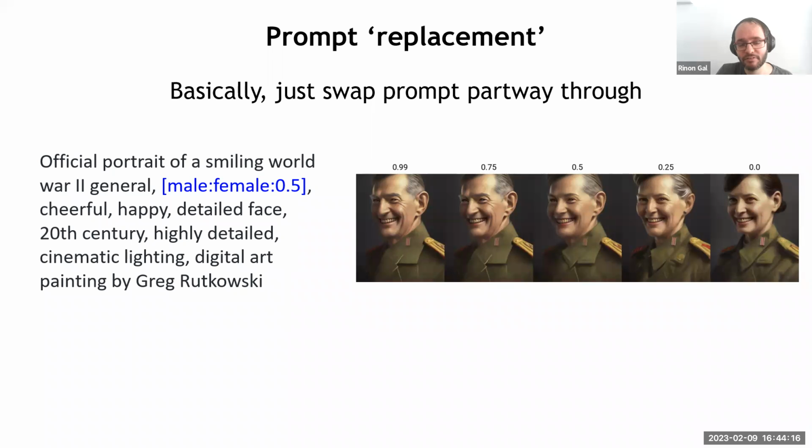And we can see that the earlier we make the swap, the more our image resembles a female general rather than a male one. Okay, so this is one way to try and balance between very strong prompts which overfit the model and words which the model knew originally, which won't cause as much overfit.